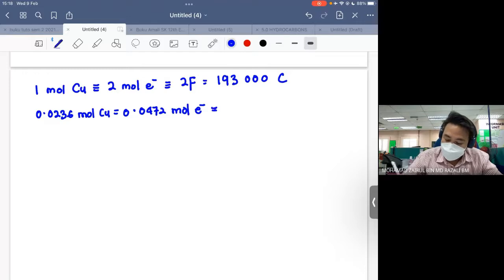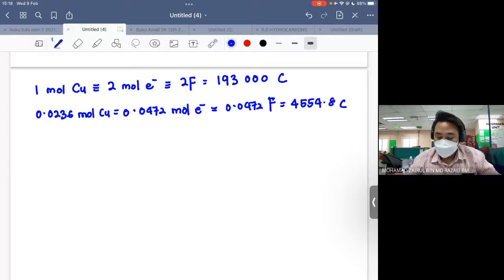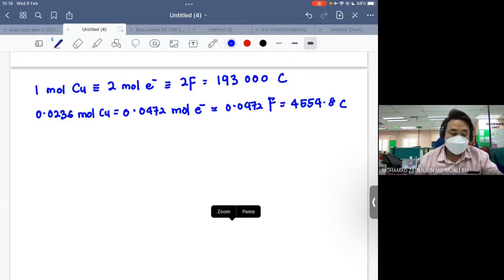Dia bersamaan dengan 0.0472 Faraday. So kalau awak kira charge dia, awak akan dapat 4,554.8 coulomb. So maknanya awak memerlukan charge sebanyak 4,554.8 coulomb to produce 1.50 gram of copper from this electrolysis.